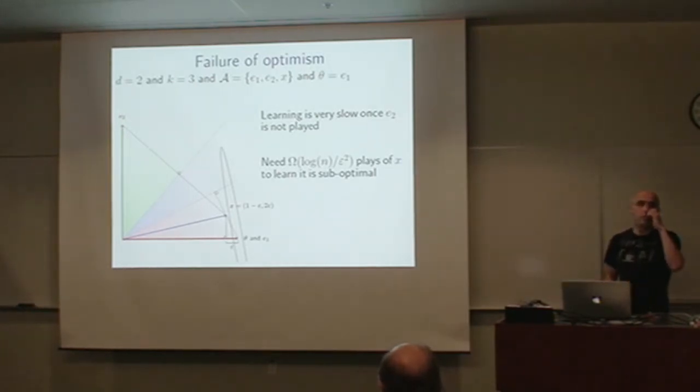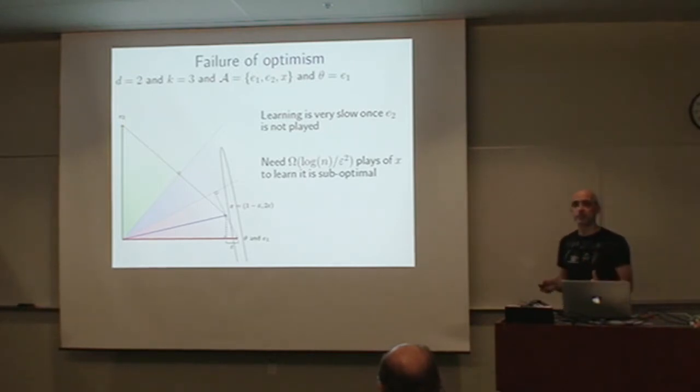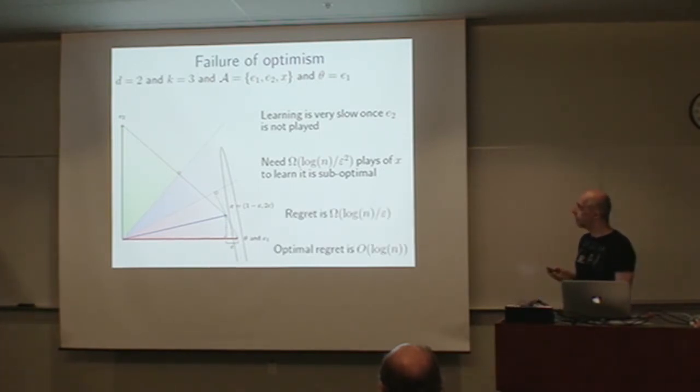Basically, you reduced it to a stupid problem. You're not using the structure. So the optimistic algorithms are not making good use of the structure that they have to learn about the structure. They're not planning to use the structure. They're just like, I can be optimistic. But that's not good. So that's the regret.